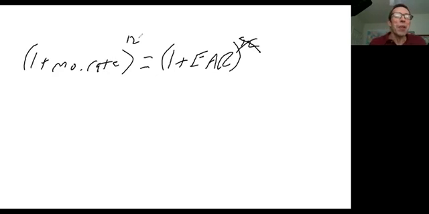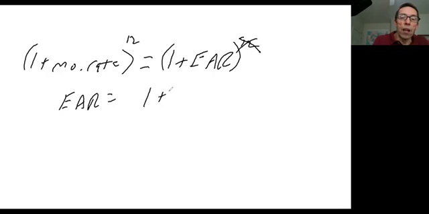Sorry about that. So if I want to find the EAR by itself, I subtract 1 from each side. So the EAR is equal to 1 plus the monthly rate, raised to the 12th power, minus 1.